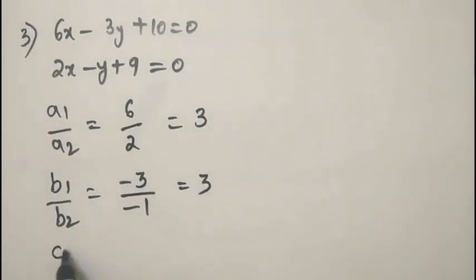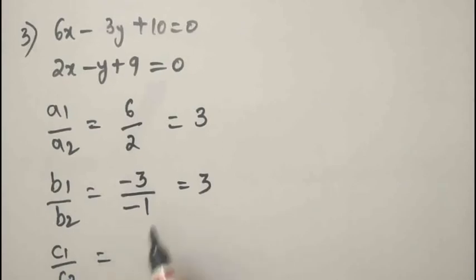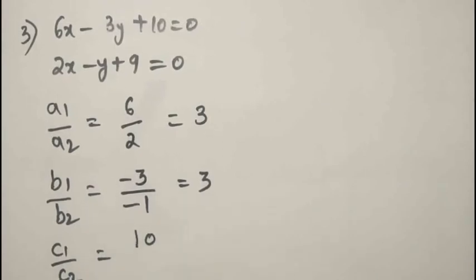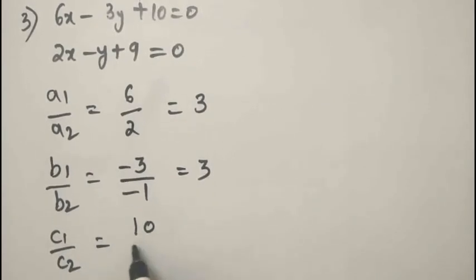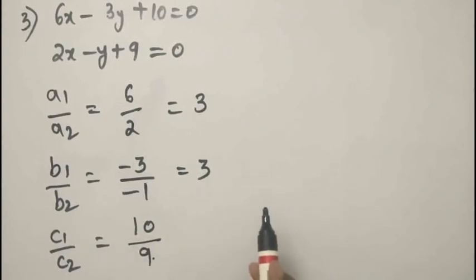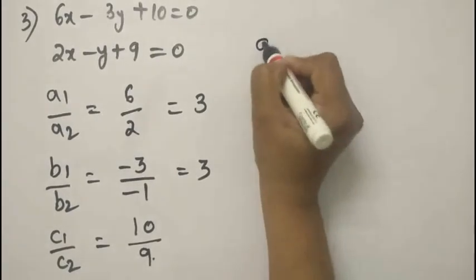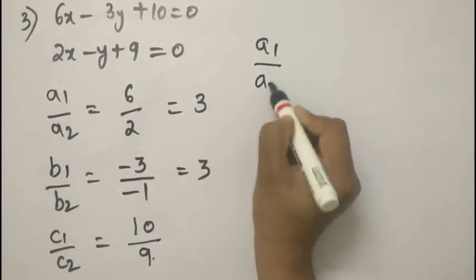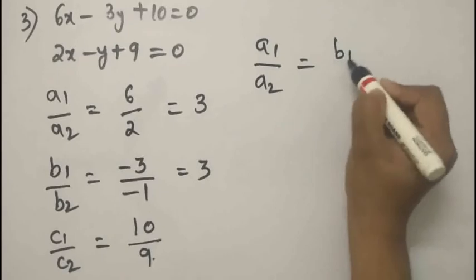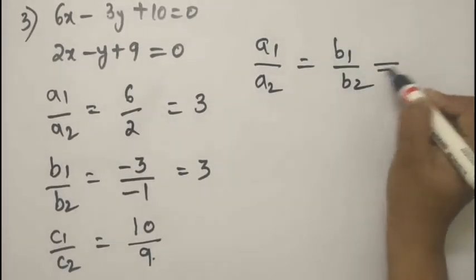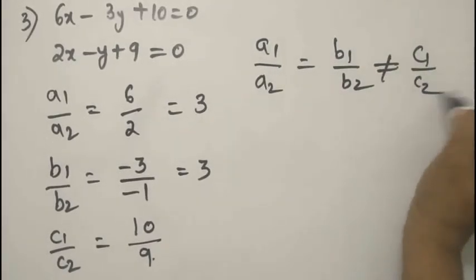Now find c1 by c2. In place of c1 you have 10, in place of c2 you have 9, so it is 10 by 9, is it not? So we got a1 by a2 equal to b1 by b2 not equal to c1 by c2.